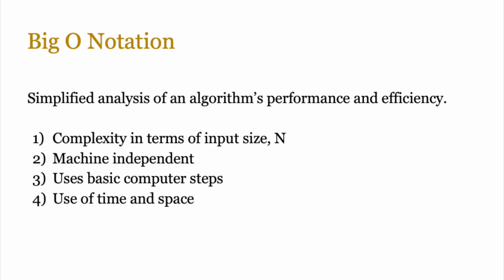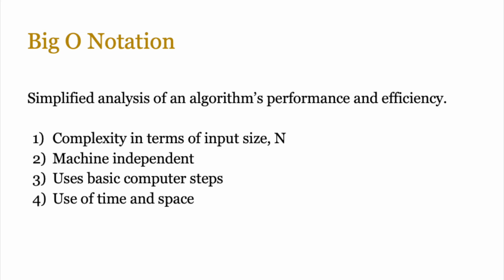It's machine independent, so it doesn't actually matter whether you use a supercomputer or a small Chromebook. You can still work out the efficiency of the algorithm without taking into account processing speeds. It uses basic computer steps, which are very simple once you get to know how they work. And the use of time and space is critical, like how fast an algorithm can go through a set of elements in a list and what impact that has on the memory requirement.